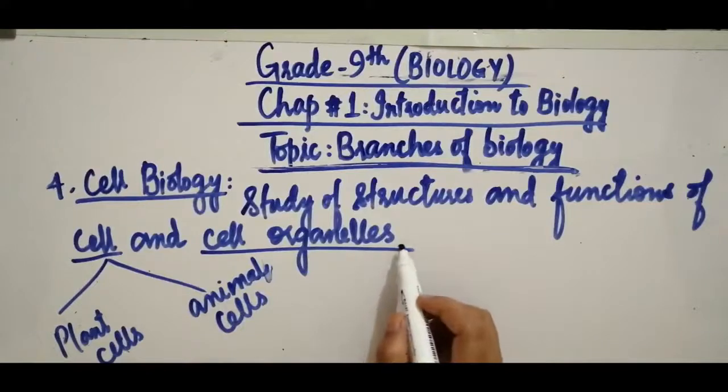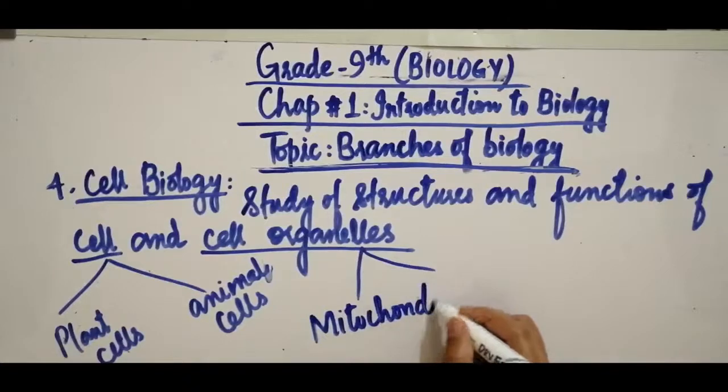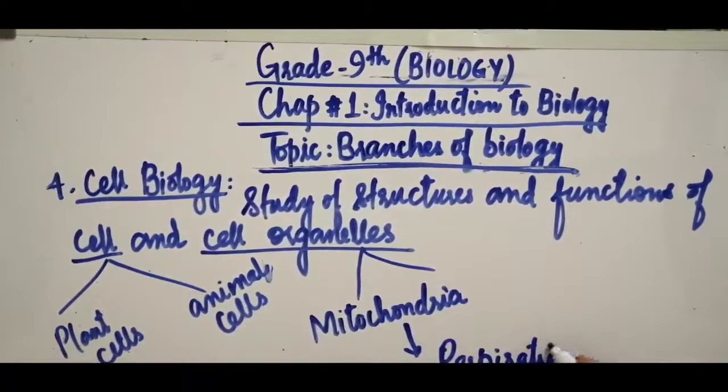In a similar manner, there are some organelles which are also found inside the cell, like mitochondria. Now, what is the related function of mitochondria? It helps in cellular respiration. It helps in the respiring process of the cell.